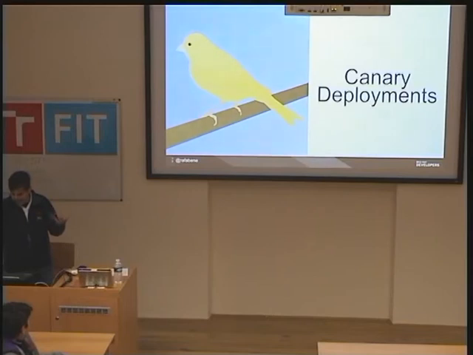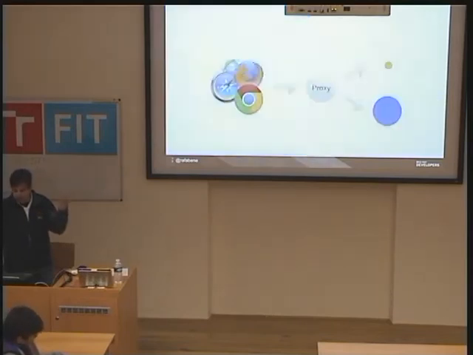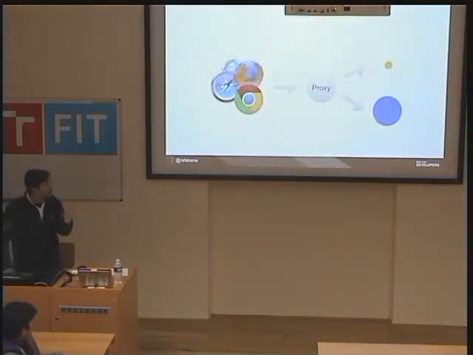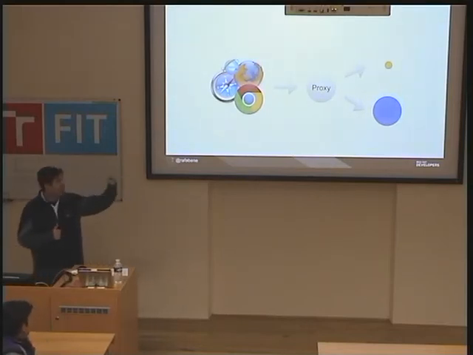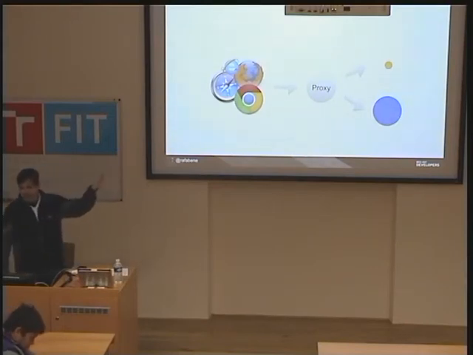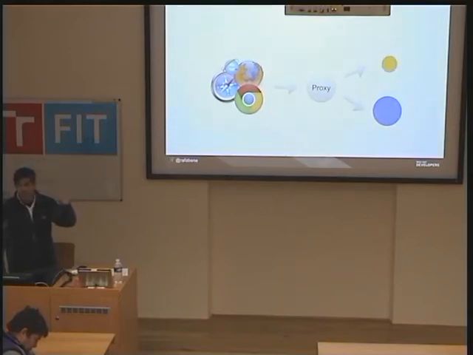So the idea of canary deployments is more or less the same, because we will introduce this new version as a canary. Just a small amount of requests will arrive in the canary version, and if the canary still sings, if your application is still doing well, you can increase the requests to this version.